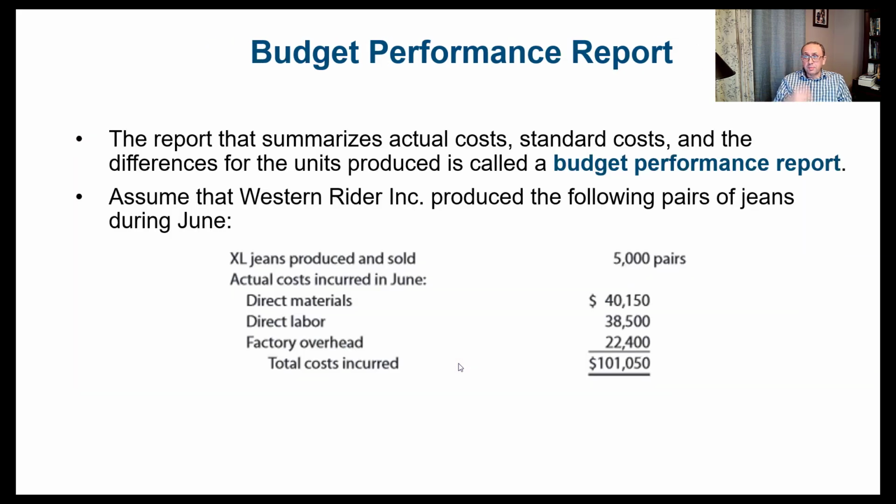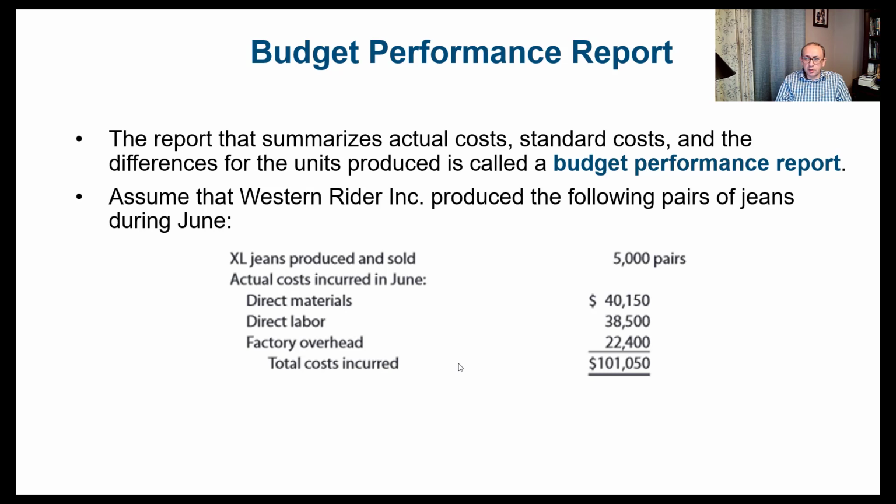So now let's talk about the budget performance report. The report that summarizes actual cost, standard cost, and the difference for the units produced is called a budget performance report. So let's go to our example here. Assume that Western Rider Incorporated produced the following pairs of jeans during the month of June. They have XL jeans produced and sold, 5,000 pairs.